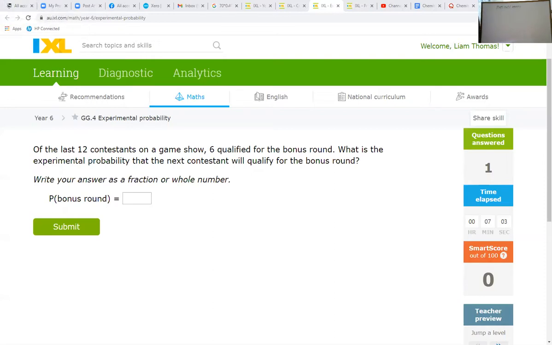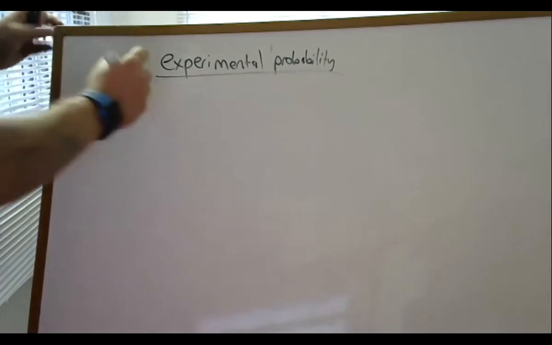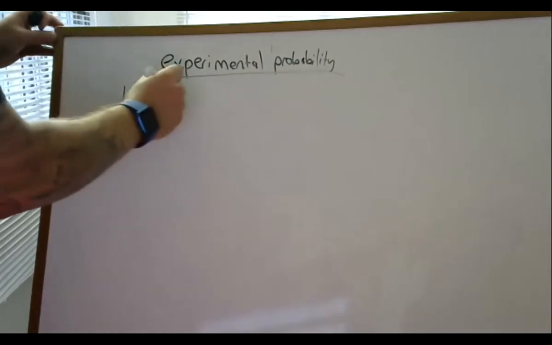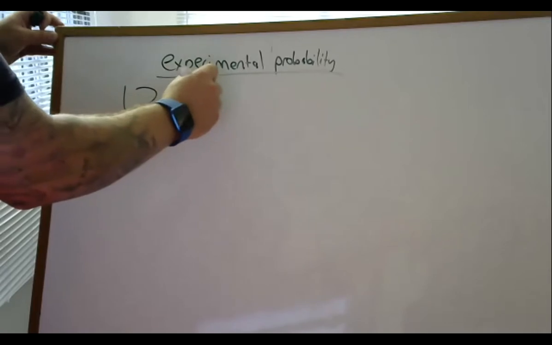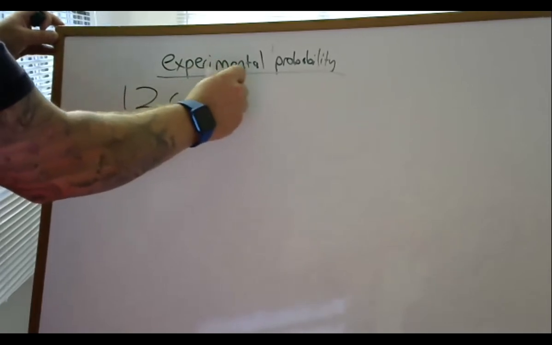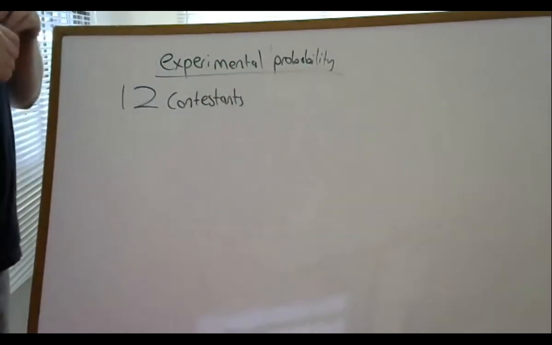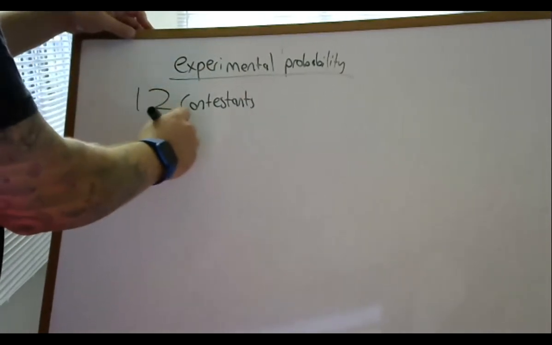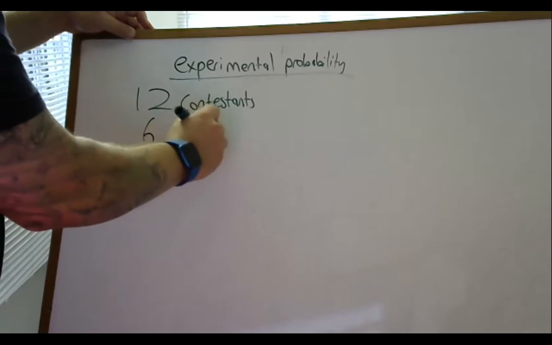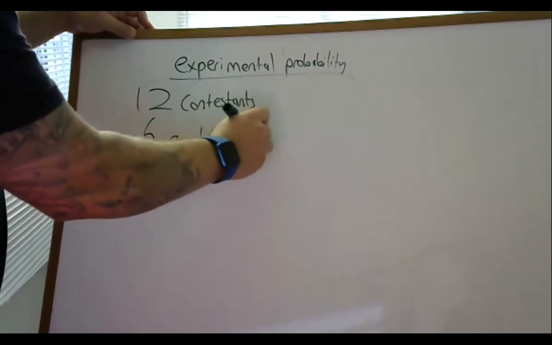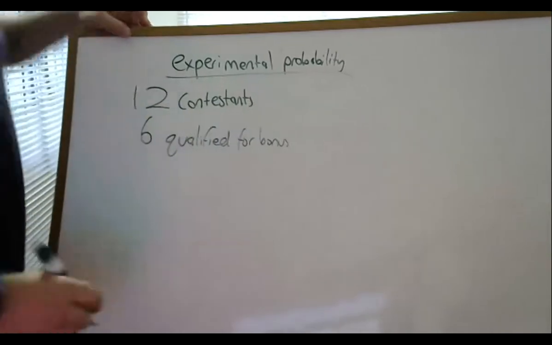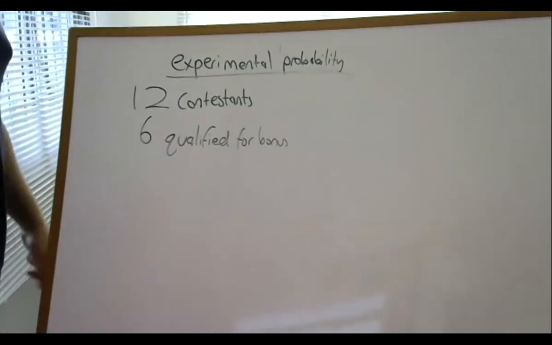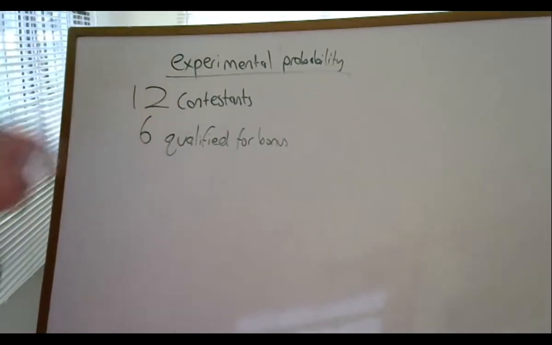All right. So 12 contestants. It helps when you get worded questions to just reduce the number of words. 12 contestants, 6 qualified for the bonus round. So what is the probability that the next person will qualify for the bonus round?